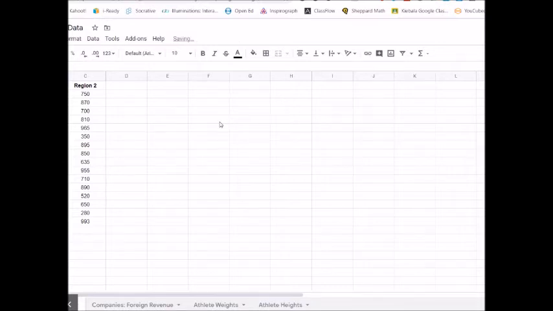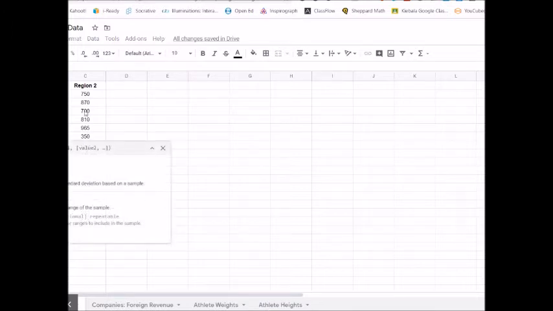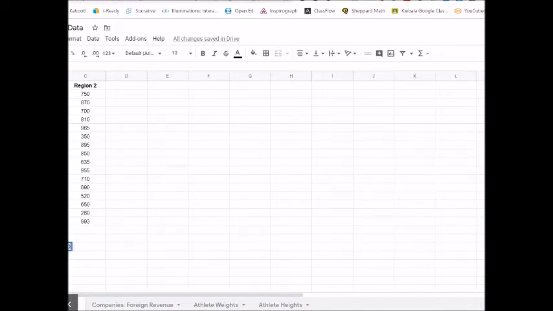Sample mean would be the average of region 1. The sample standard deviation, I'm going to do .S. That ensures that we're using a sample standard deviation formula. And we get those values for region 1.